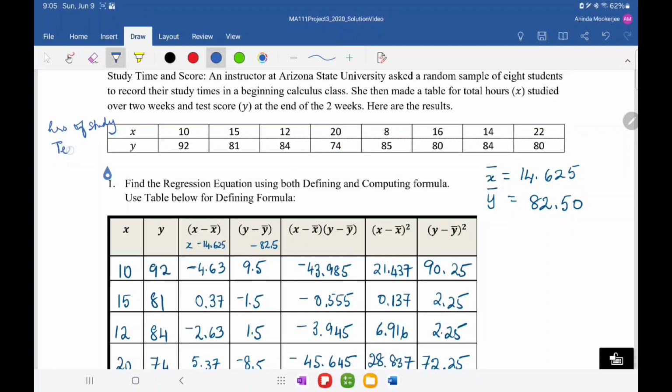So Y, test scores. All right. So keep in mind that X represents the independent variable, also called the predictor variable, and Y represents the dependent variable, which is also known as the response variable.